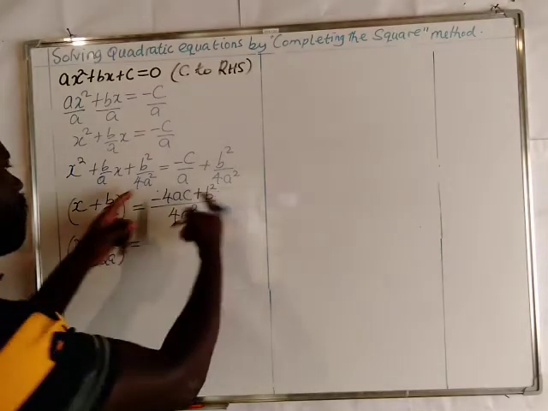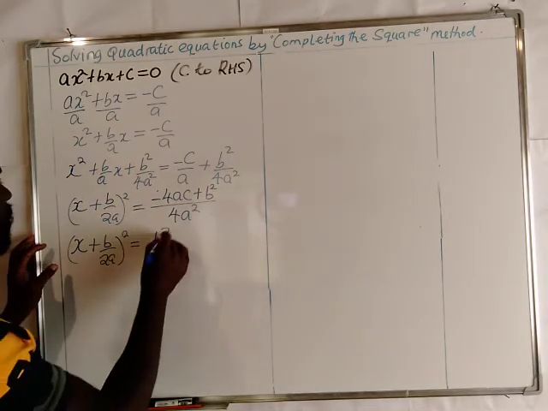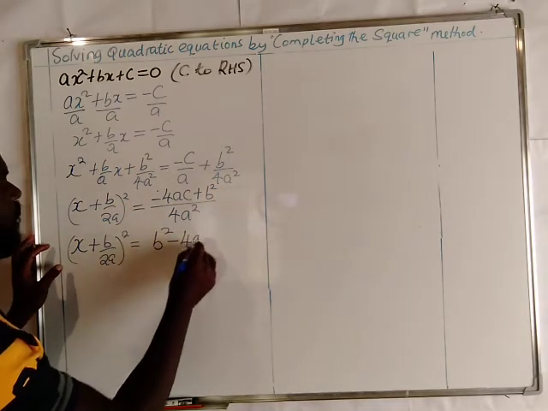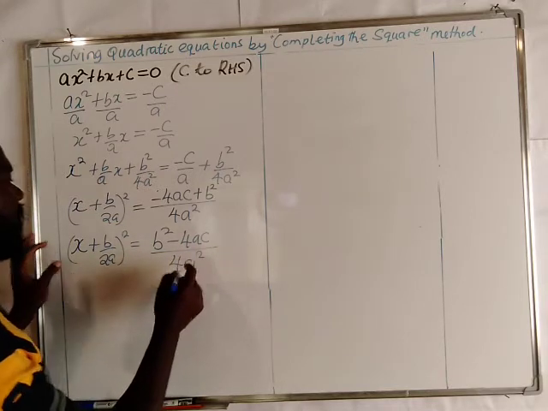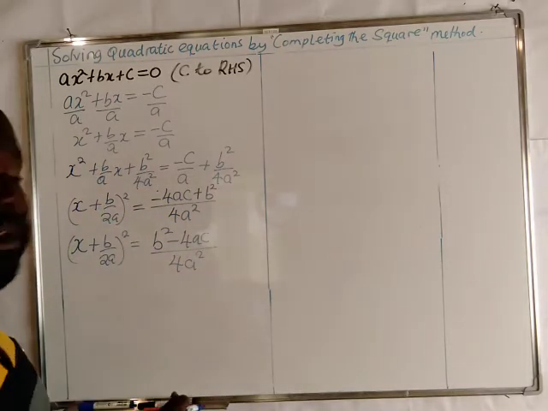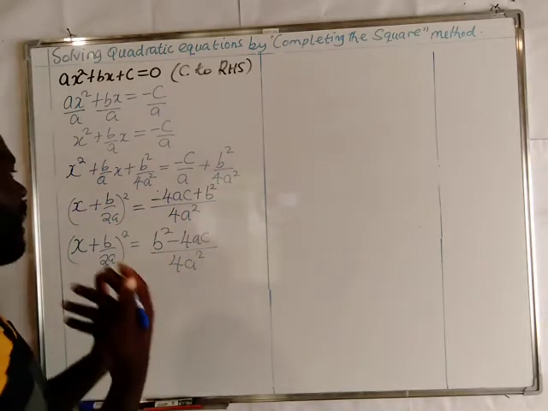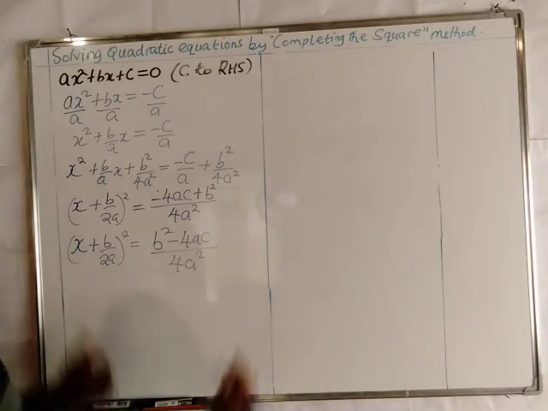This is the same as now, the numerator can be written also as b squared minus 4ac, everything over 4a squared. Swapping the numerator will not affect anything because actually addition and subtraction are commutative. So once we have this, it's okay.